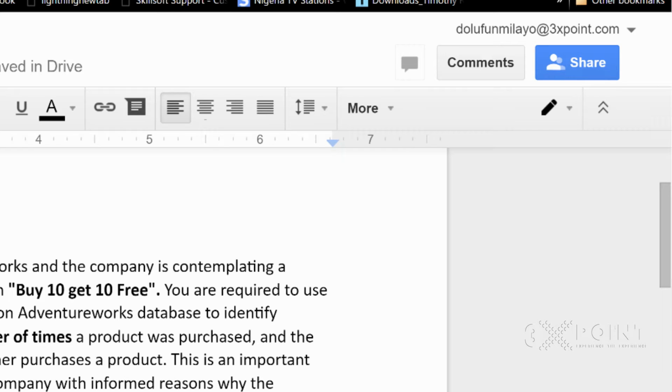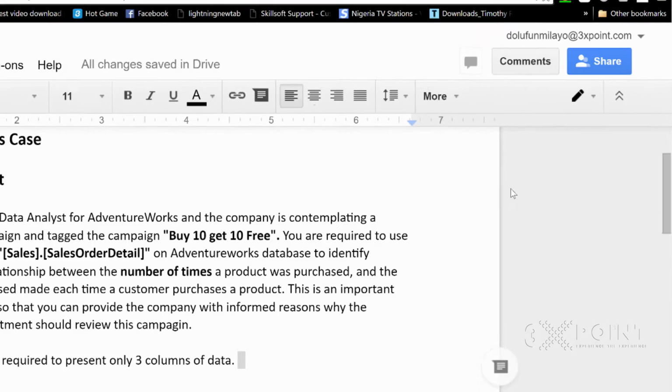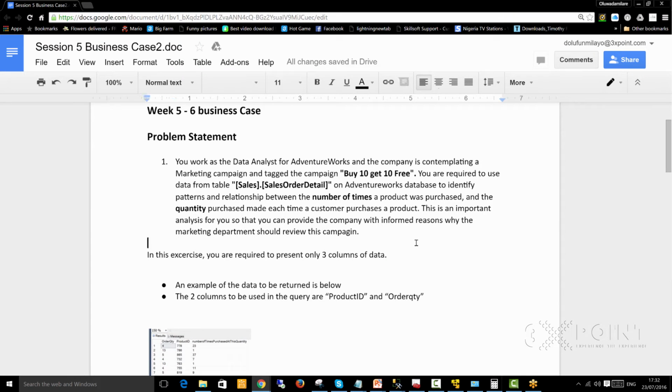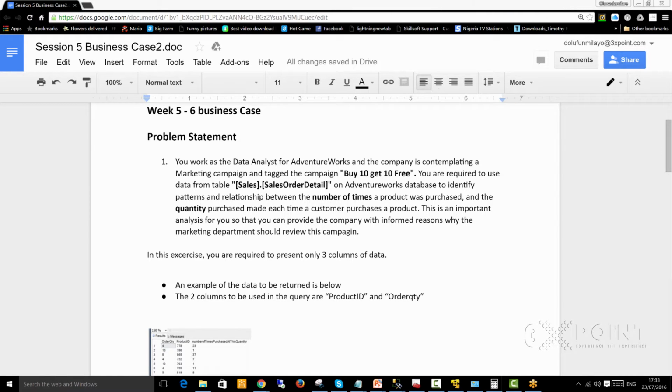And if I may ask, did anyone actually attempt this problem at all? I can see Damilola, I can see Kane there. Did anyone actually attempt to solve this problem, and were you able to get anywhere with it? I'd like to hear your challenges actually. Let me unmute someone.